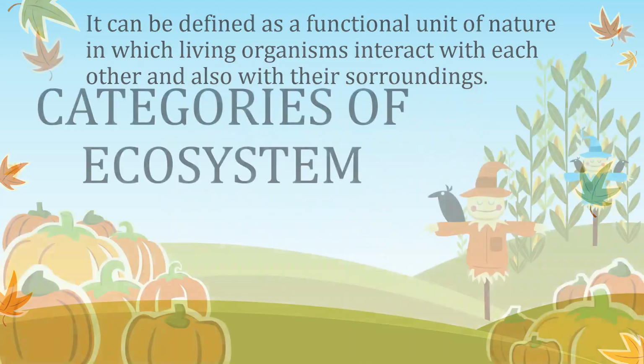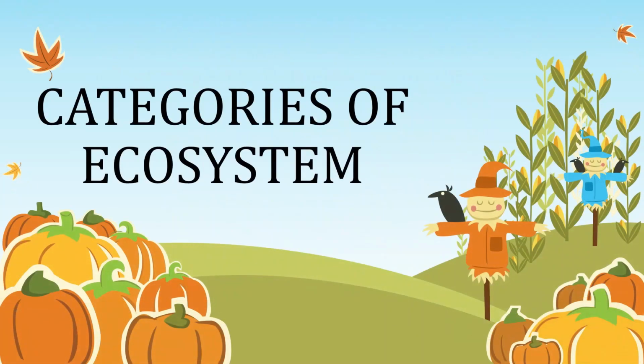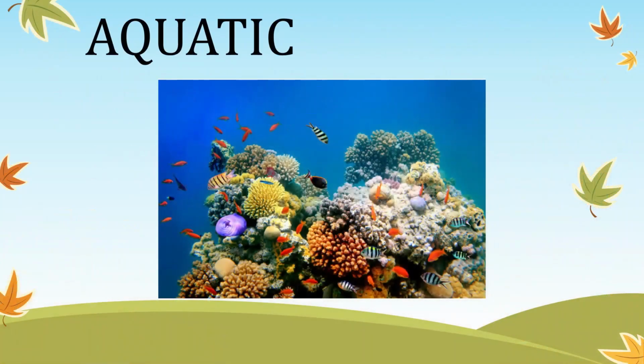Now categories of ecosystem. First one is aquatic ecosystem. It is the living things in aquatic water bodies. You can take the example of fishes or small plants, everything which lives in aquatic regions. Next is terrestrial.